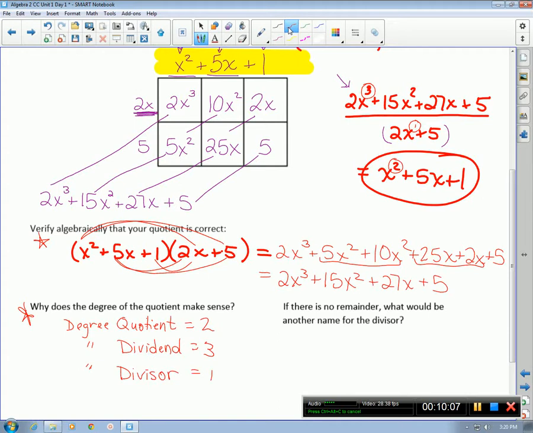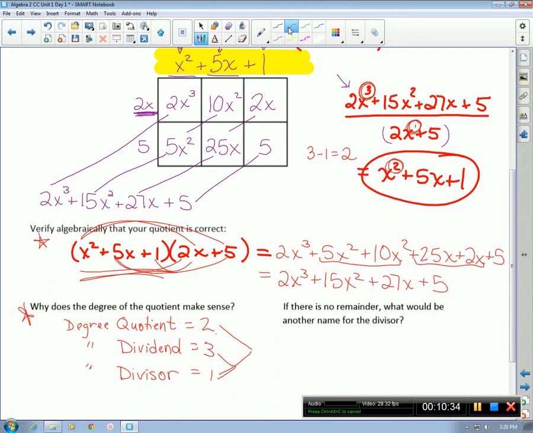And we know that what we just checked was the divisor times the quotient. So these two should add up to the dividend. So 2 plus 1 should be 3, or 3 minus 1 should be 2. So you can look at it as this 3 take away this 1 should equal this 2.